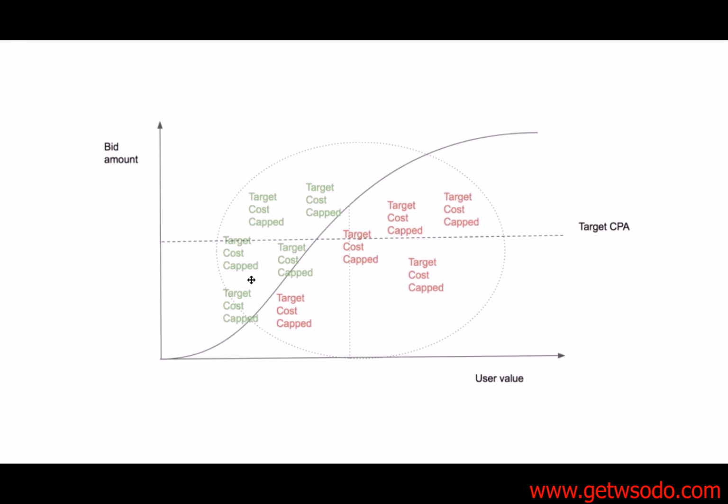Then I might test different boundaries on my target cost at $80, $70, where I want an average bid at that level, and Facebook will try and bring my CPA within that as well.